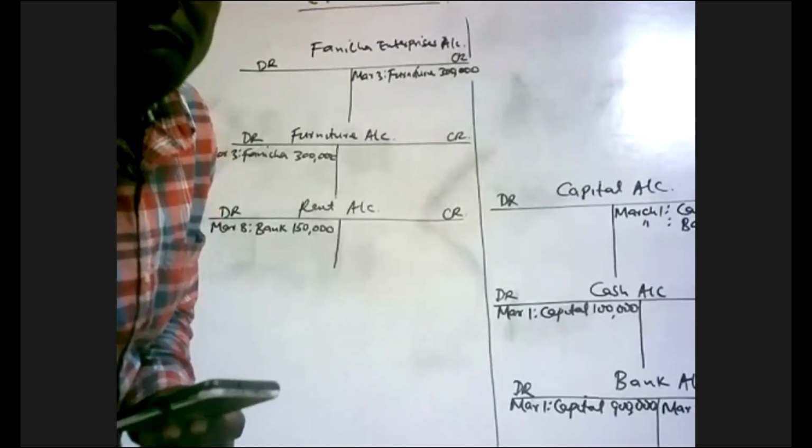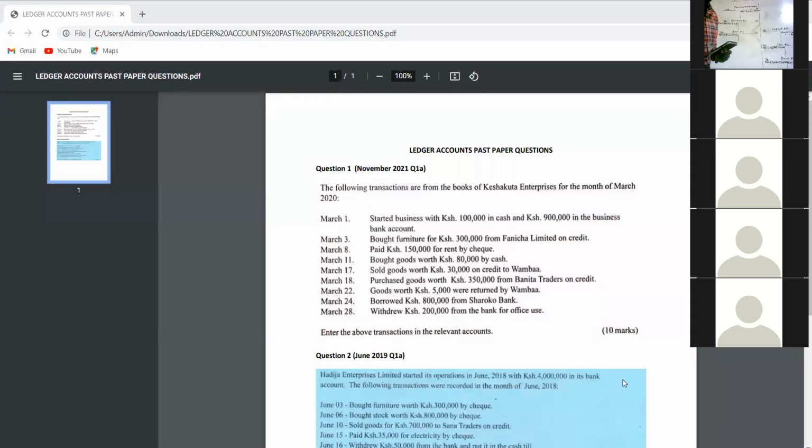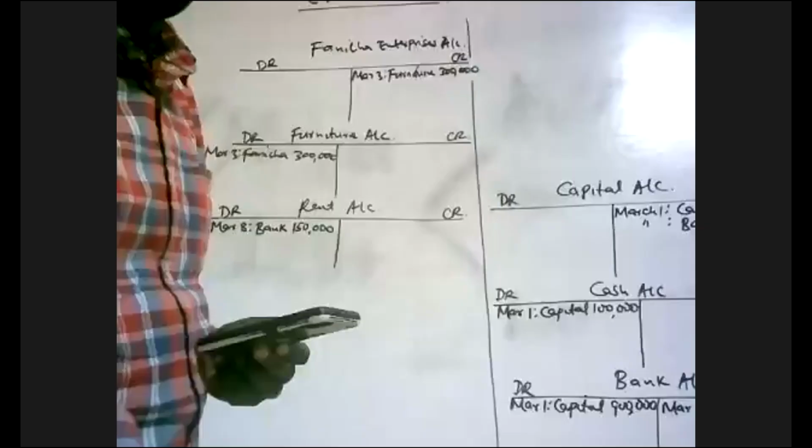Again, the next one, 11th, bought goods, 80,000 by cash. Somebody who is having an idea?